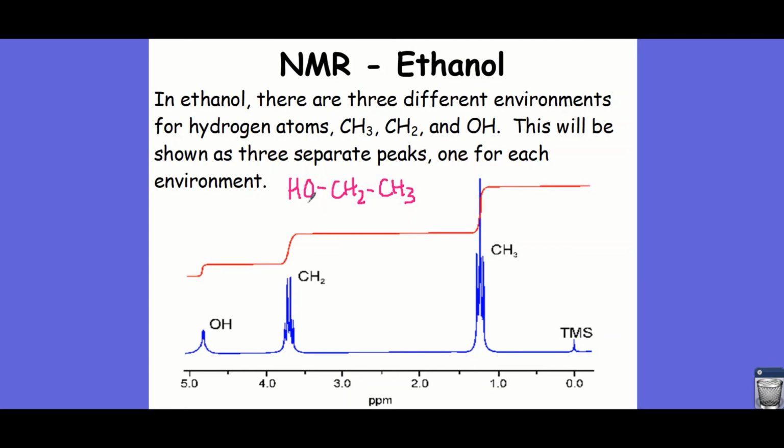We have 1 as part of a hydroxyl group, 1 as part of a CH2 group that is attached to a hydroxyl group, and then 1 as a CH3 group which is attached to a CH2. It's more like an alkyl group here, because it's not directly attached to the hydroxyl group.